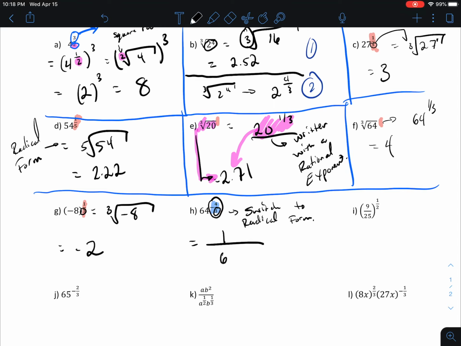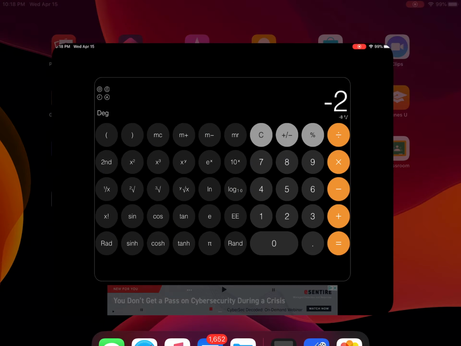So what you should have done right from the beginning was put 1 over 64 to the 4/3, right? I moved it to the denominator. Now this is going to turn into 1. I can rewrite the base, okay, the 3 and the 4.